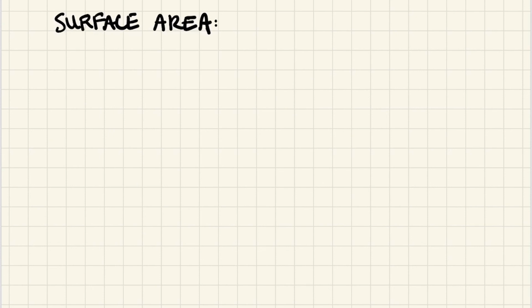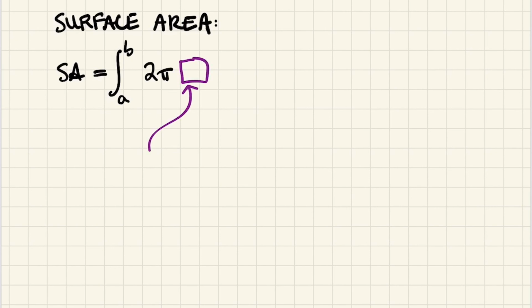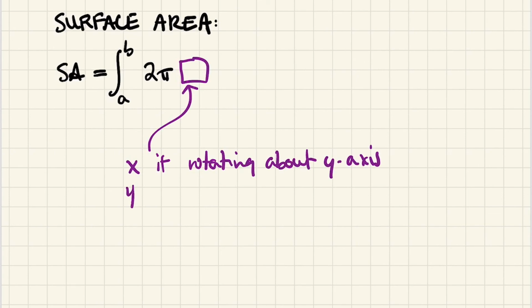So we would integrate from, say, a to b or c to d, I don't care, of 2 pi times, and what goes right here is either x or y. You would put an x if you're rotating about the y-axis. You'd put a y there if you're rotating about the x-axis.